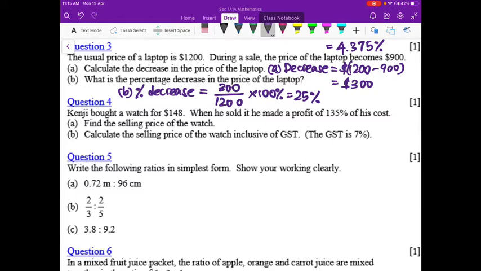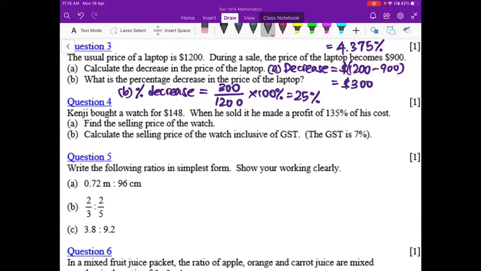The profit is 135% of the $148. Any questions with that sentence? I'm just reading it only. The profit is 135% of the cost, and the cost is $148, right? Good. Now 100% is the $148. That's the original.